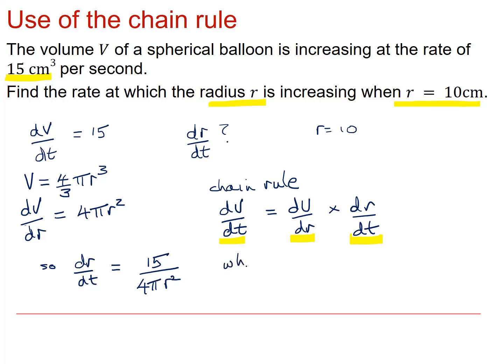And so when r equals 10, dr by dt is going to be 15 over 400 pi, which is 0.012 centimeters per second.